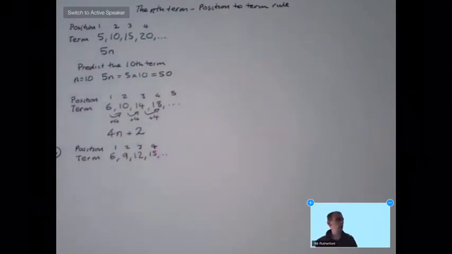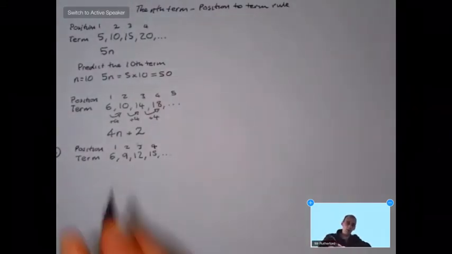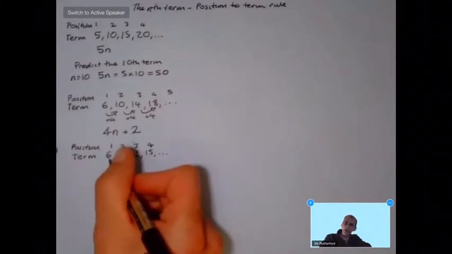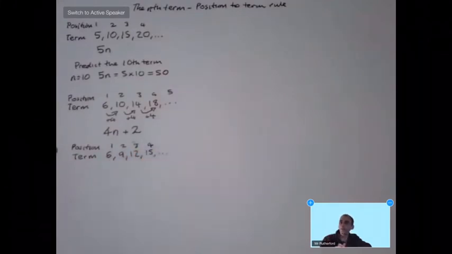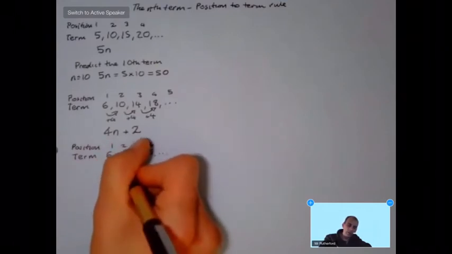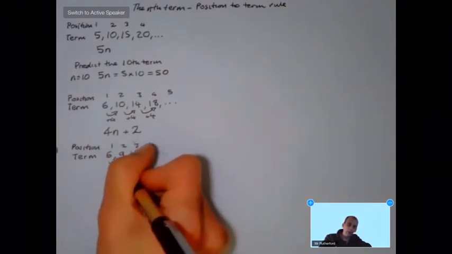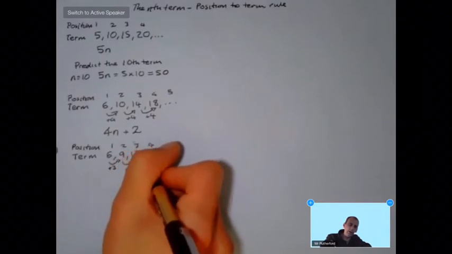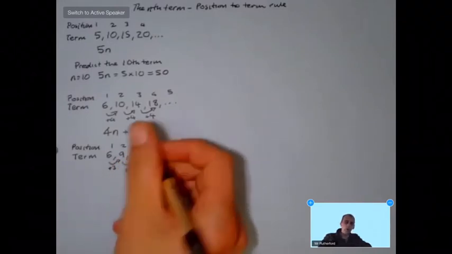Okay, so the reason why this is going to be quite confusing is, well, it's going up in threes. The term-to-term rule is add 3. So it's going to be linked to the 3 times table, but you need to be really, really careful with examples like this.